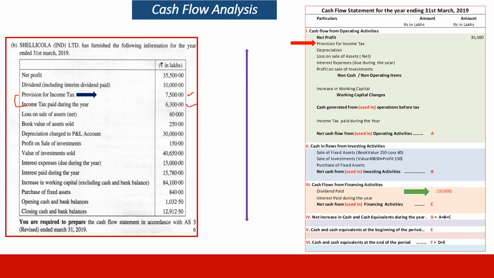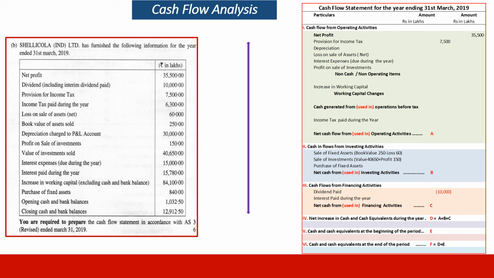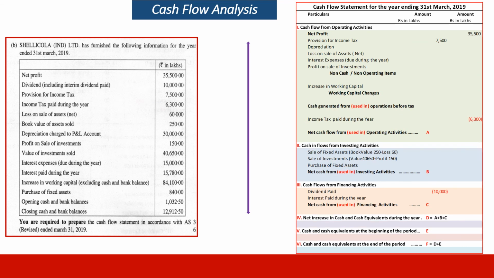Now it will be added, 7,500. Income tax paid during the year is 6,300, which we will be showing as payment here, and that takes us to loss on sale of assets, 60.